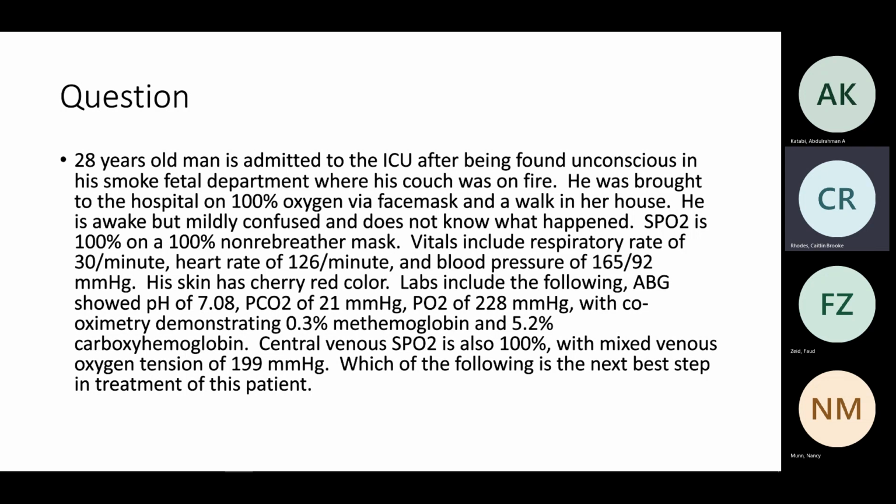Skin has a cherry red color. Labs include ABG showing pH 7.08, bicarbonate 21, PO2 228, with CO-oximetry demonstrating 0.3% methemoglobin and 5.2% carboxyhemoglobin. Central venous saturation 100% with mixed venous gas tension 199. Which of the following is the next most significant treatment for this patient?